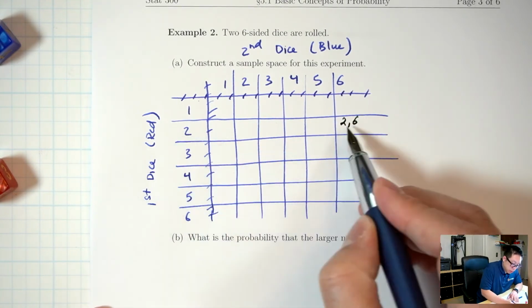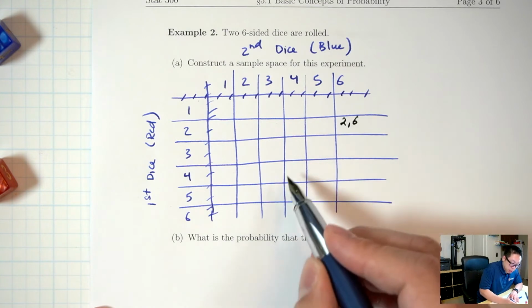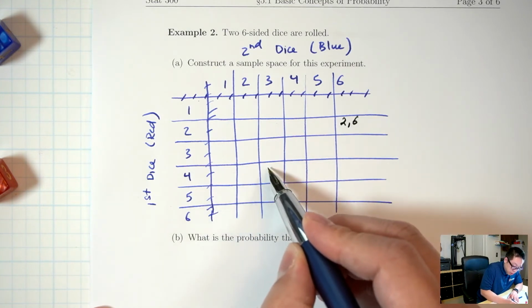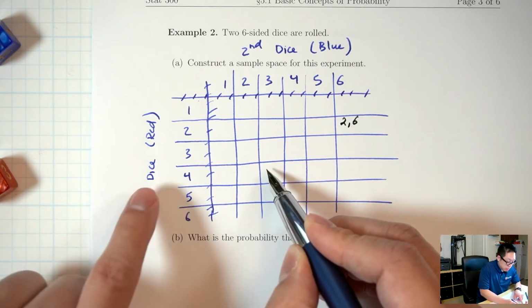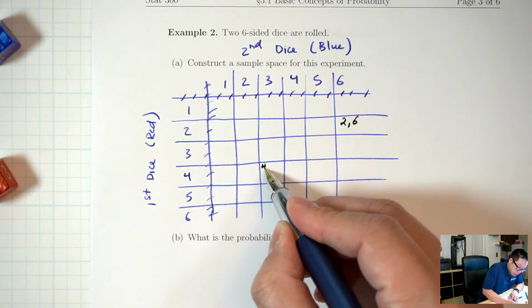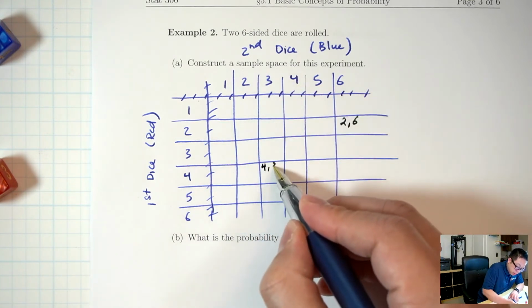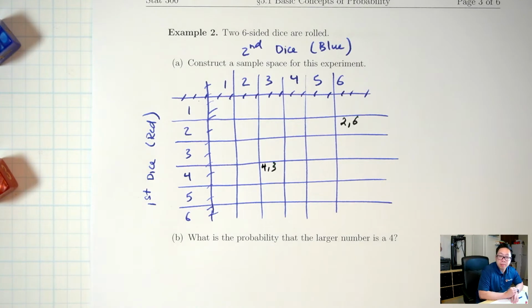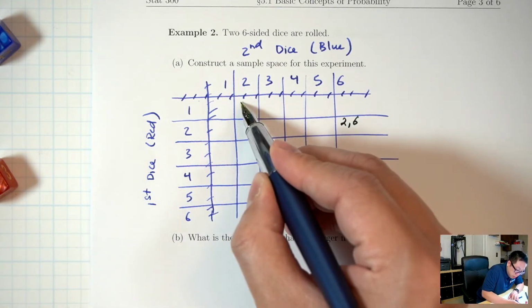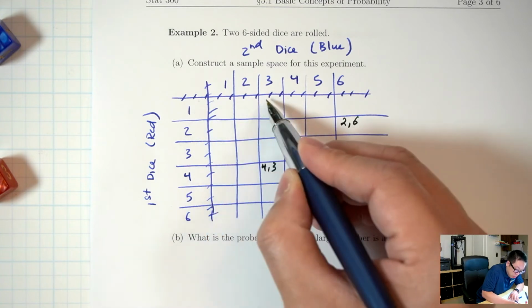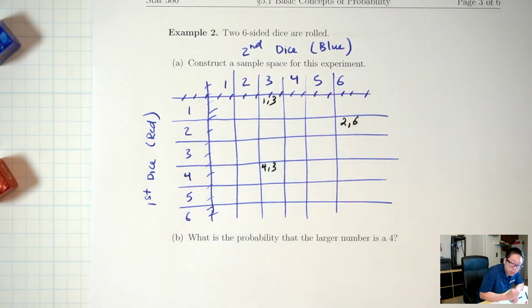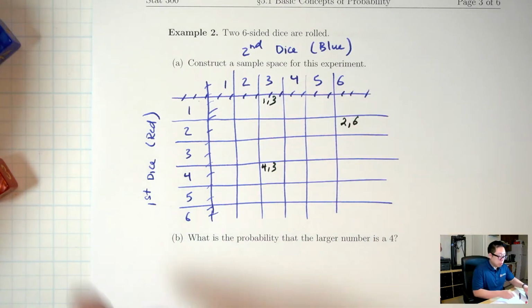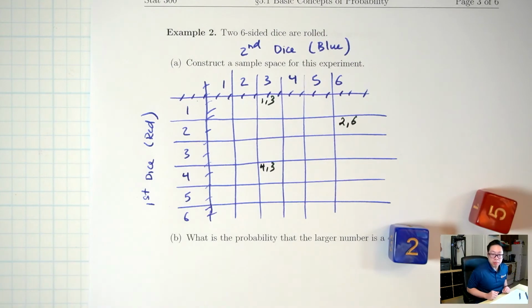This box here represents getting a 4 on the first dice and a 3 on the second dice. Let's do one more. This one here, 1 on the first dice and a 3 on the second dice. So the inside represents everything that could happen when I roll 2 dice.